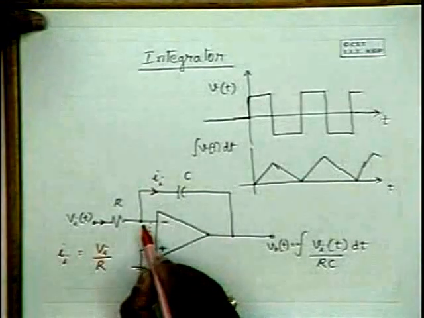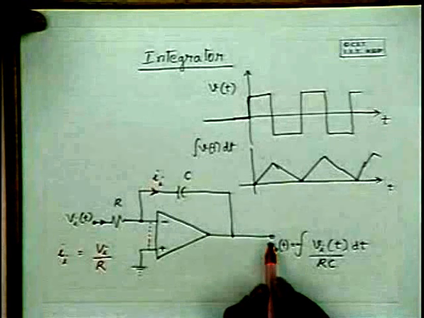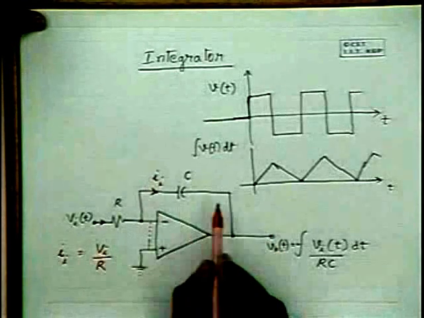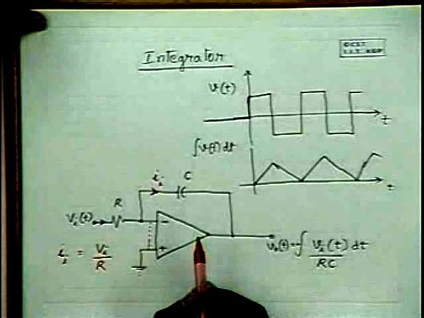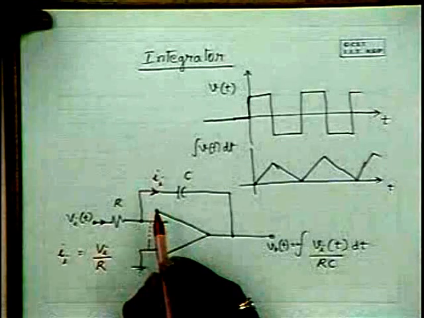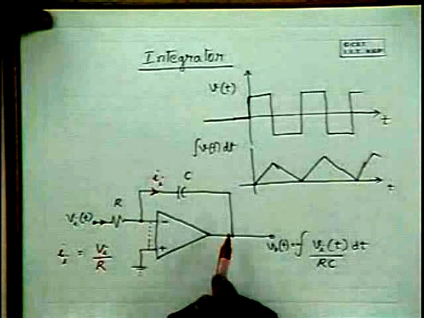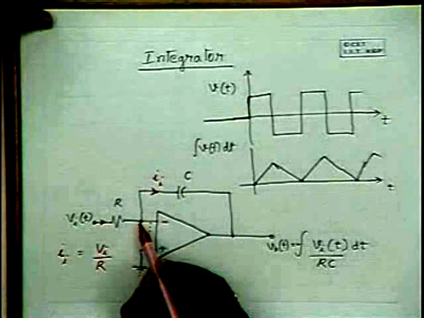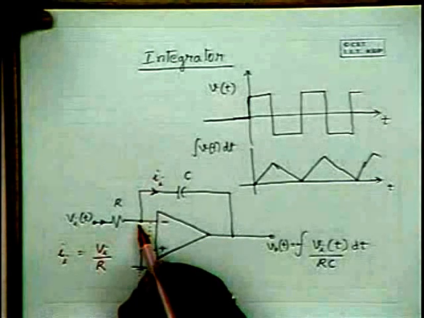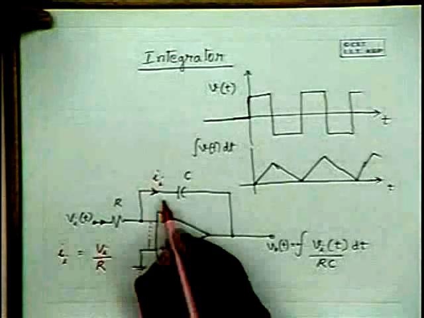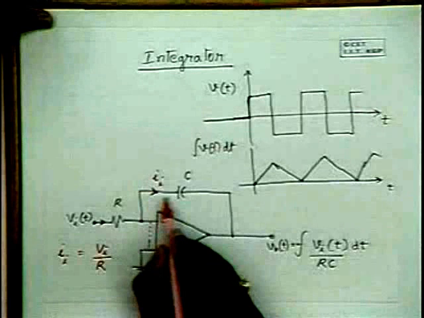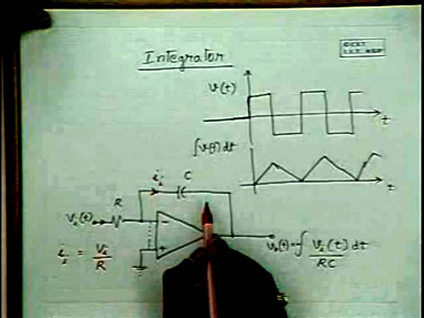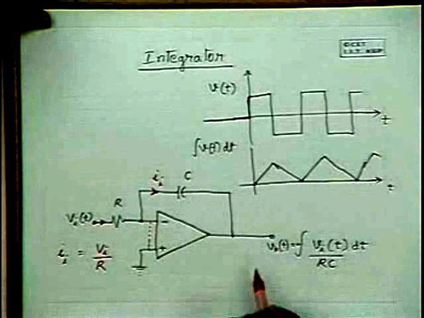And since this side is ground, V0(t) is equal to the potential drop across C due to Ii itself with an opposite sign. Because this side is ground and current is flowing in this direction, there will be a voltage drop across this capacitance in this direction, and that voltage drop is equal to minus V0 itself.